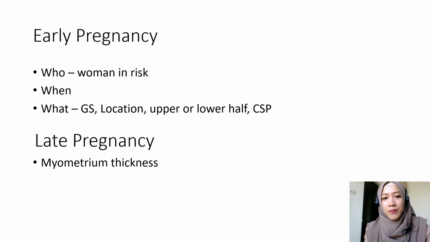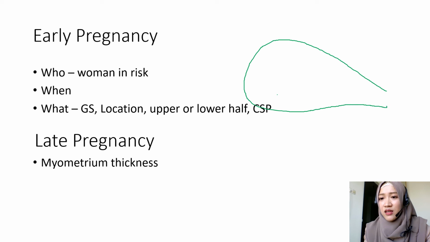So in the early pregnancy, we can determine the GS location, whether it is in the upper or in the lower part of the uterus, and whether there is any TSP, by using the transvaginal US. I'm sorry if my drawing is bad, but I hope you understand. This is the first visualization of the uterus you can see from the transvaginal USG.